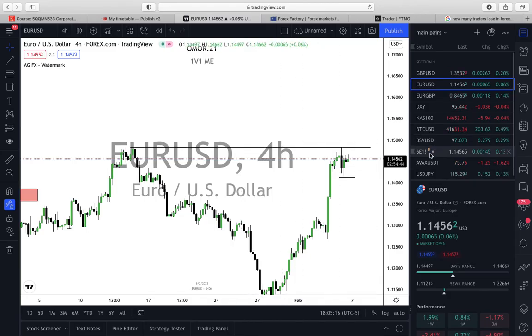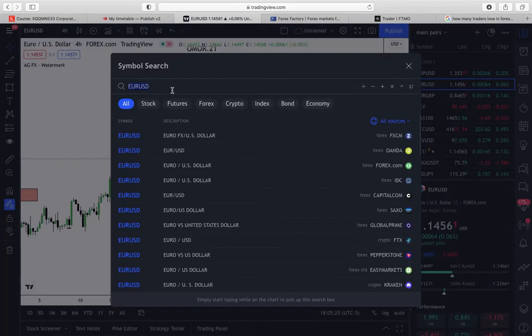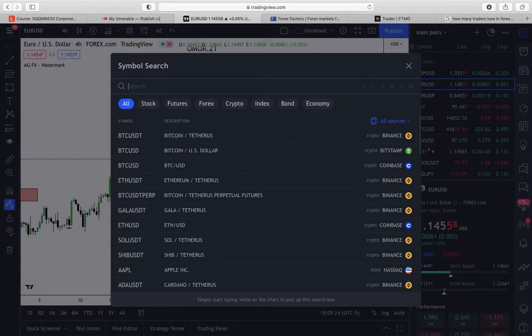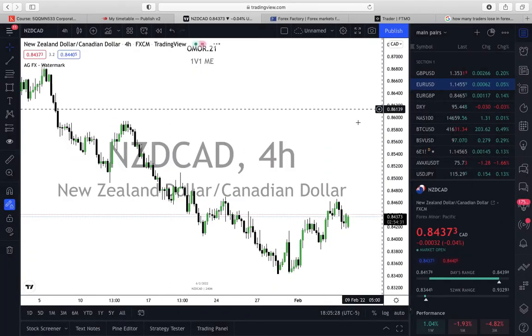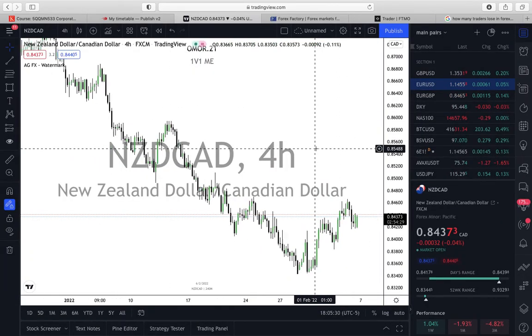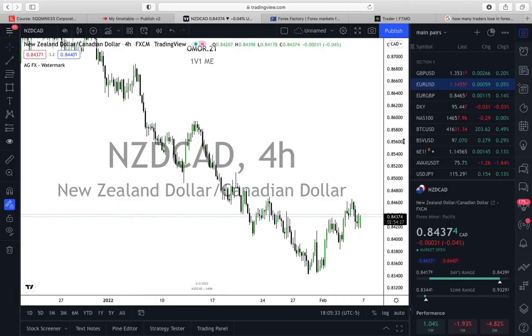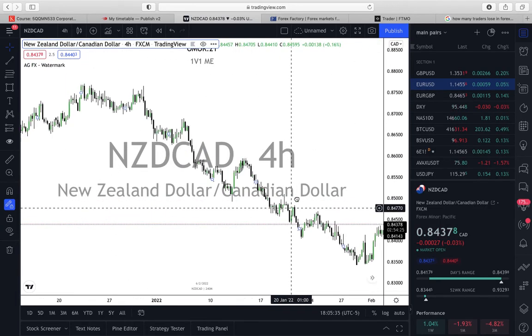Let's just go on a random pair. You know what? Let me go on a random pair right now. Let's go on something crazy, like I don't know, NZD CAD. Yeah, let's go on NZD CAD. This was going down a lot. All right, cool.